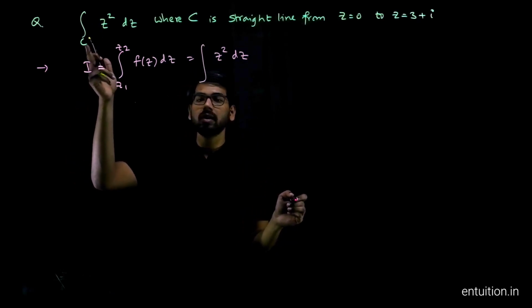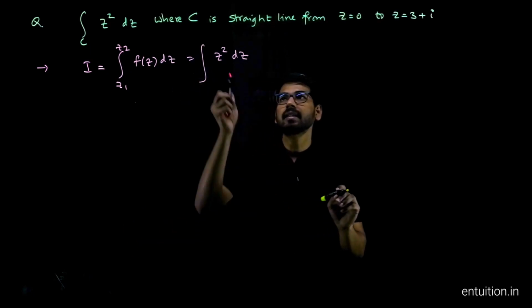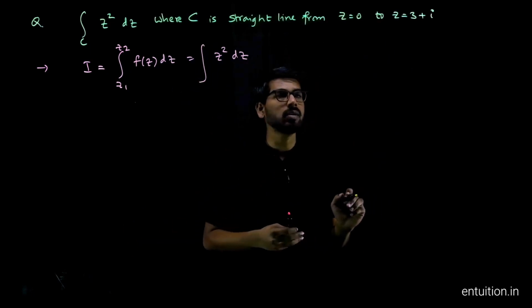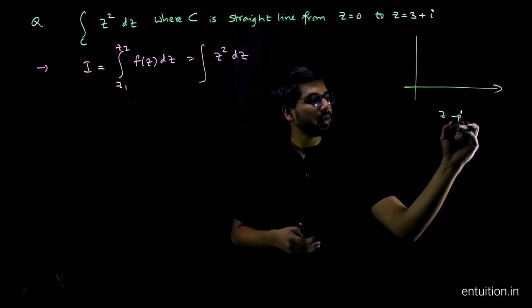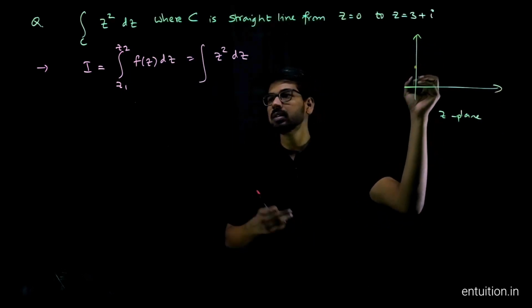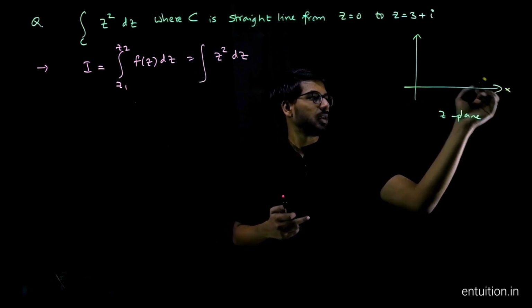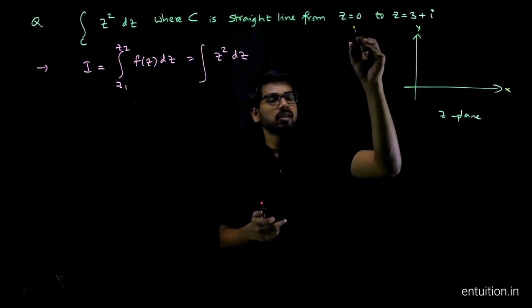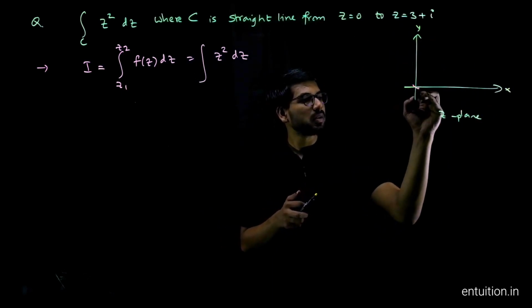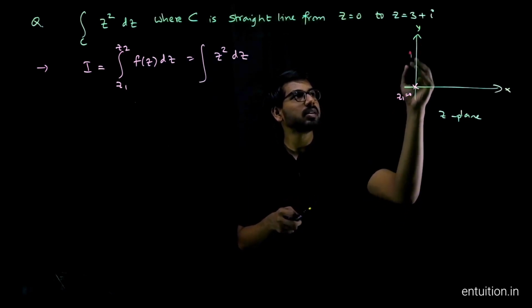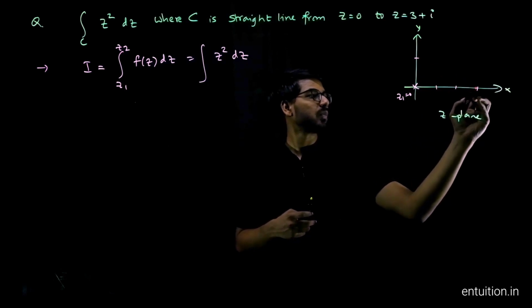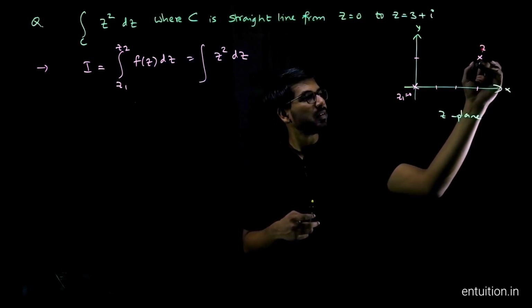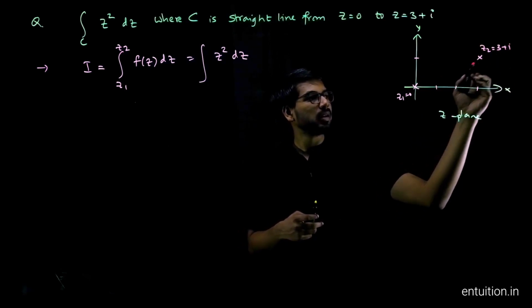C is given here. What is this C telling? C is a straight line from z equal to 0 to z equal to 3 plus i. If this is the z plane, the input plane to the function z square, then z equal to 0 is here. So this is z1 equal to 0, and this point is z2 equal to 3 plus i.